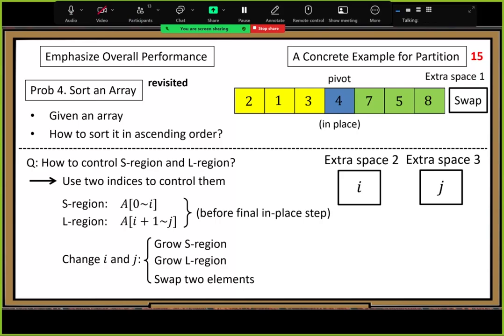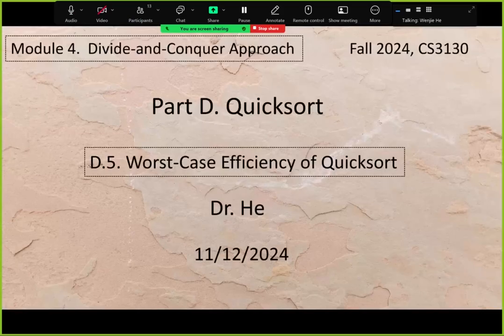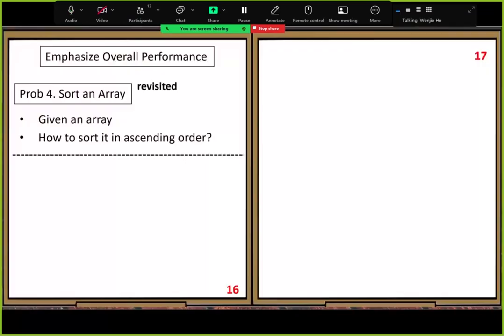All right, so next, we want to look at the best case and worst case. Let's look at the worst case efficiency analysis first, then the best case. For the worst case, first let's look at this question.